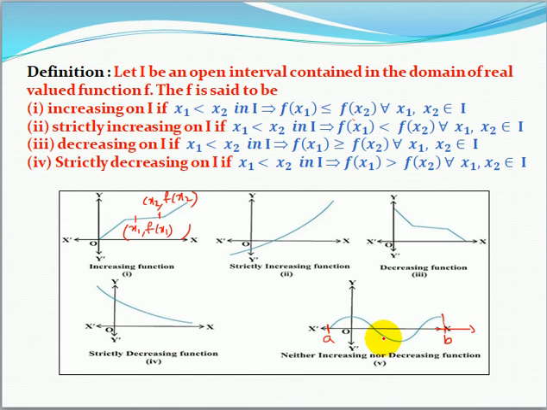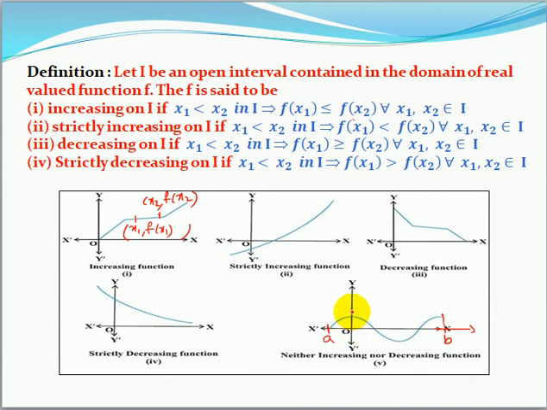It is increasing, then decreasing, then again increasing. So it is not following the same behavior. If you come across such a condition, then within that interval, we cannot call it an increasing or decreasing function. We say it is neither increasing nor decreasing.